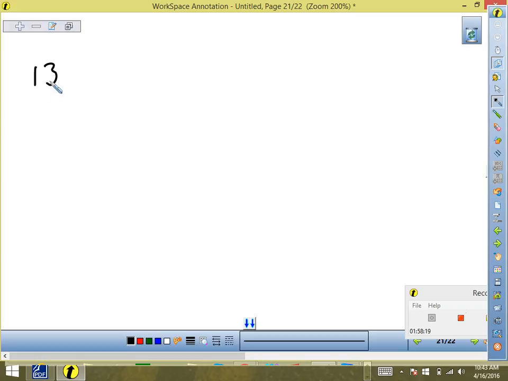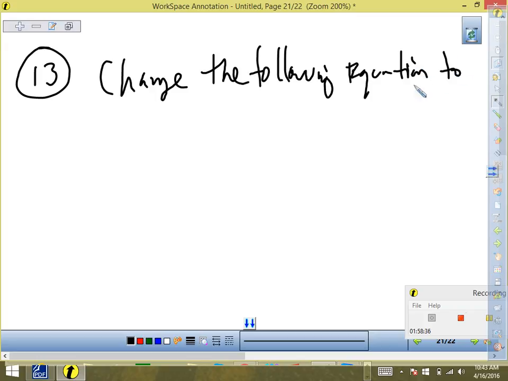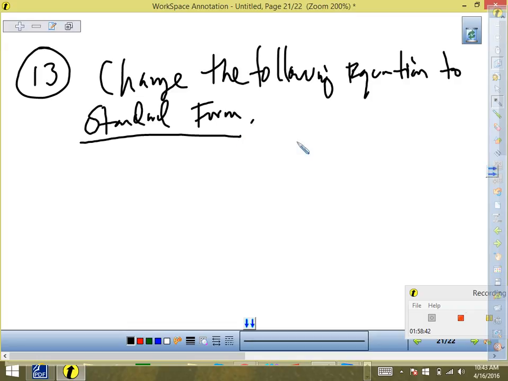Number 13. Change the following equation to standard form. Focus, please.